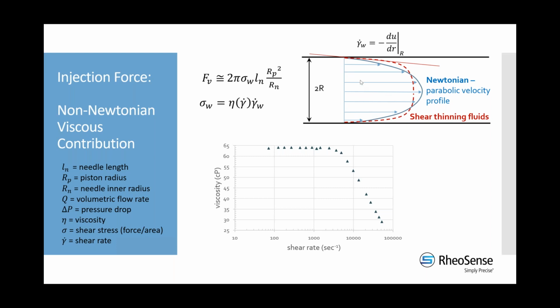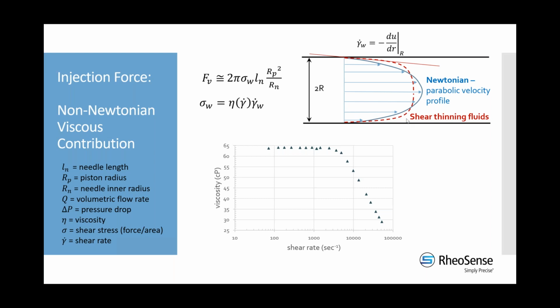It often looks something like this red curve that I've drawn out here for a shear thinning material, where the shear rate at the wall tends to be higher, and then there's a flatter, collapsed shape towards the center. There are only a few fluids for which you can get an analytical expression for this.